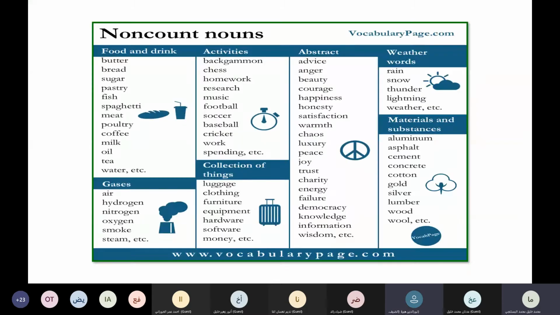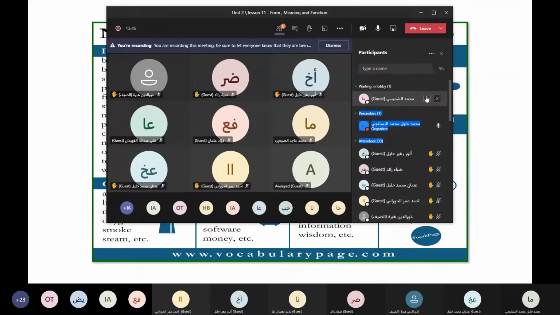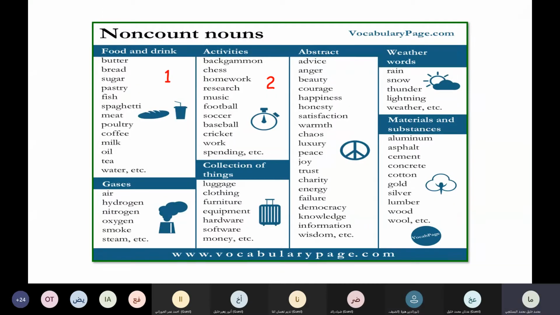Look here, we have non-count nouns. The first group, food and drink: butter, bread, sugar, etc. Activities also are considered non-count nouns: soccer, football, music, research, work, etc. Abstract nouns.